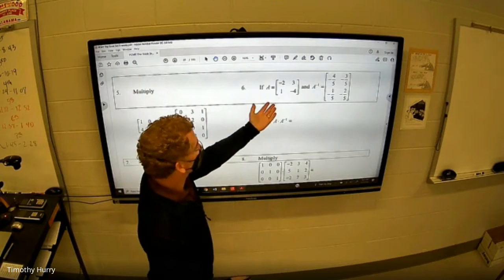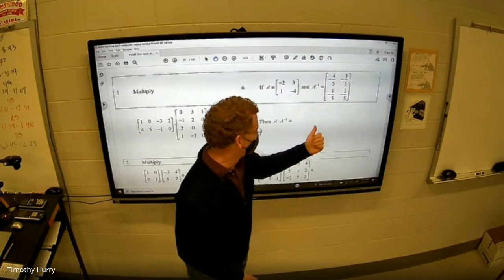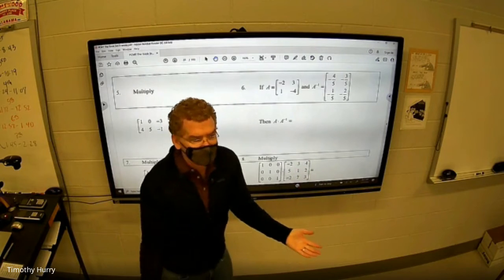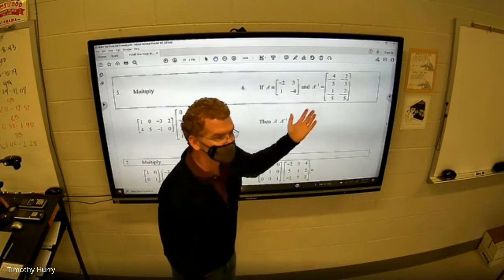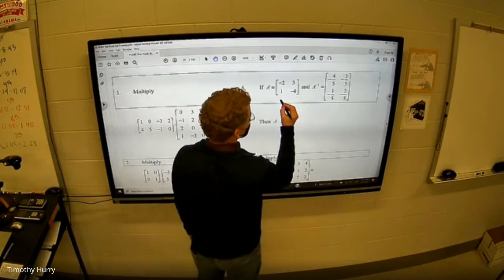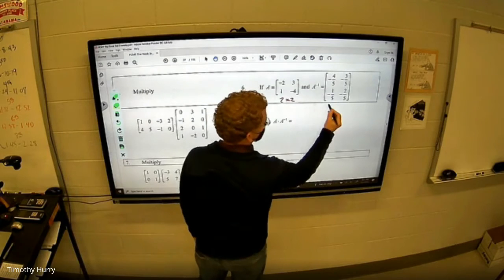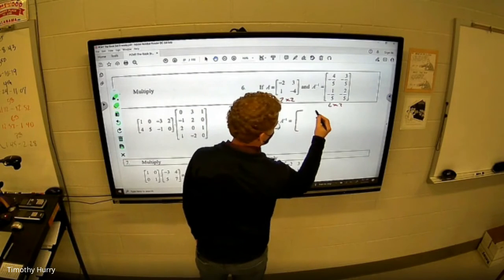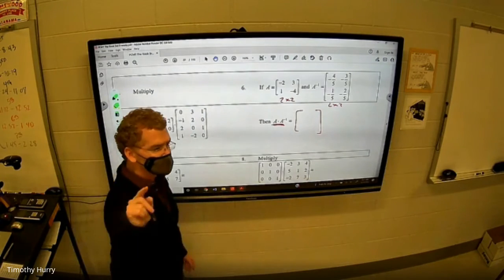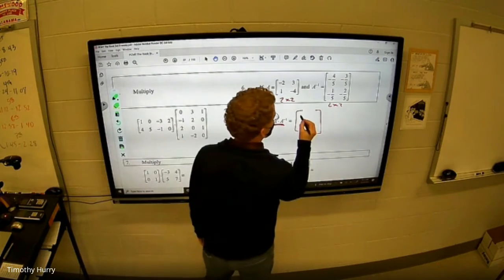So if this is a 2 by 2 and that's a 2 by 2, you know a 2 by 2 times a 2 by 2 is a 2 by 2, right? If this was a 3 by 3 and a 3 by 3, you're going to end up with a 3 by 3. So you basically just check the size and go, well, since these were both 2 by 2s, I know I'm going to end up with a 2 by 2, and any matrix times its inverse gives me the identity matrix.